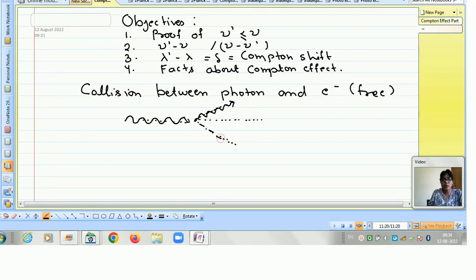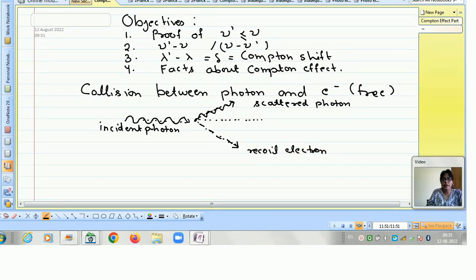So this is the incident photon. So let us write here incident photon. And this is the scattered photon. And here it is the recoil electron.